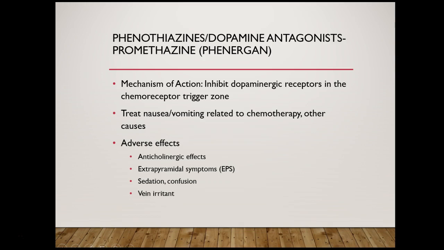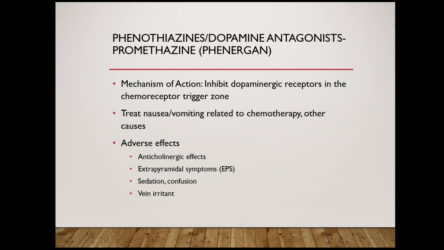So that's a really serious type of side effect that can be limiting for patients that are on Phenergan. Sedation can be very, very serious as well, especially if patients are already taking a CNS depressant, such as an opioid or benzodiazepines. Promethazine can be given IV, PO, or IM.